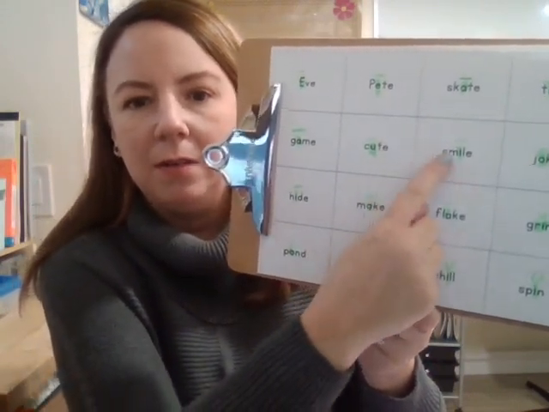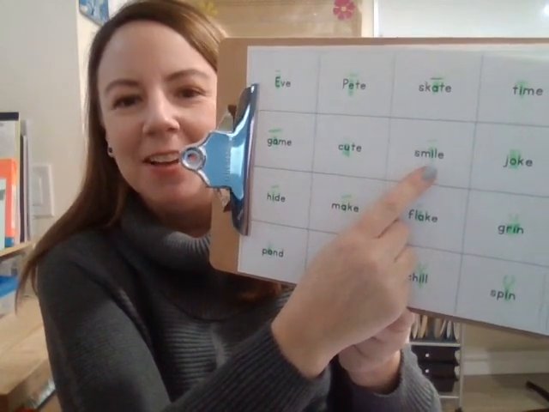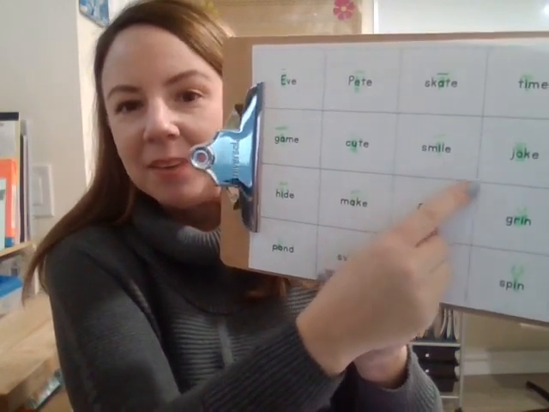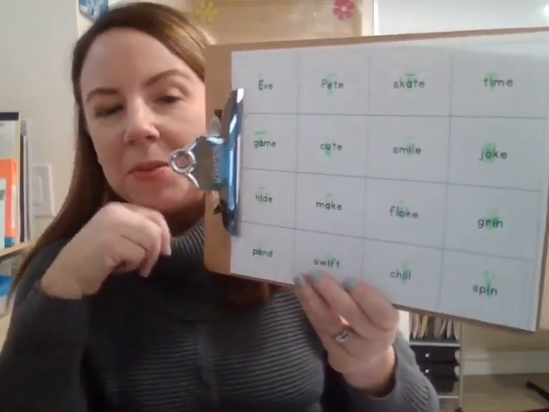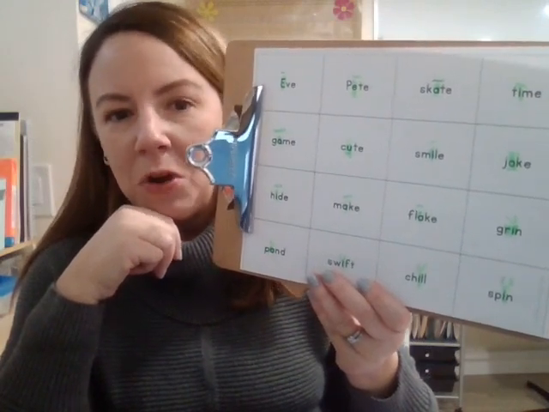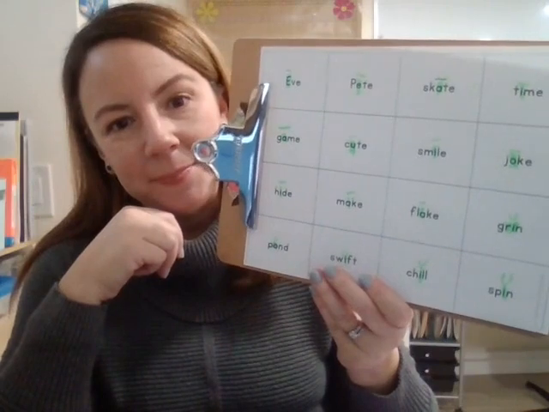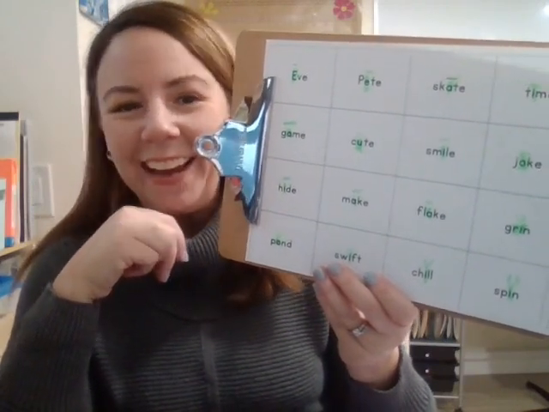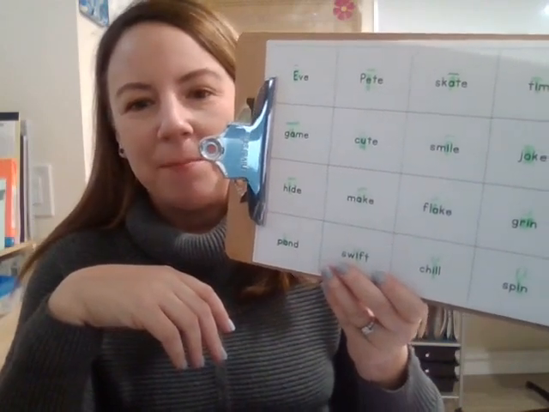So we've got, sorry, my directionality when I'm pointing to a screen is a little off, smile and grin. You'd be surprised how many kids aren't really sure of the difference between grin and smile, or may not even know what the meaning of grin means. So if we grin, smile, right? So you can model the difference between them.